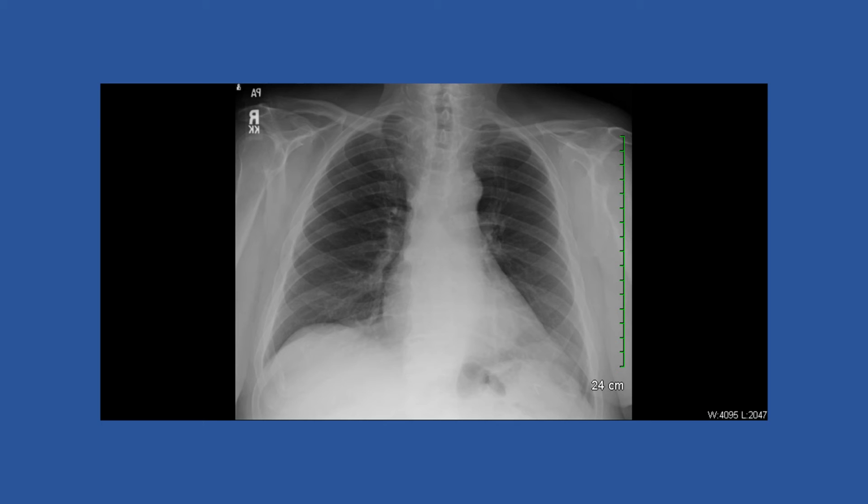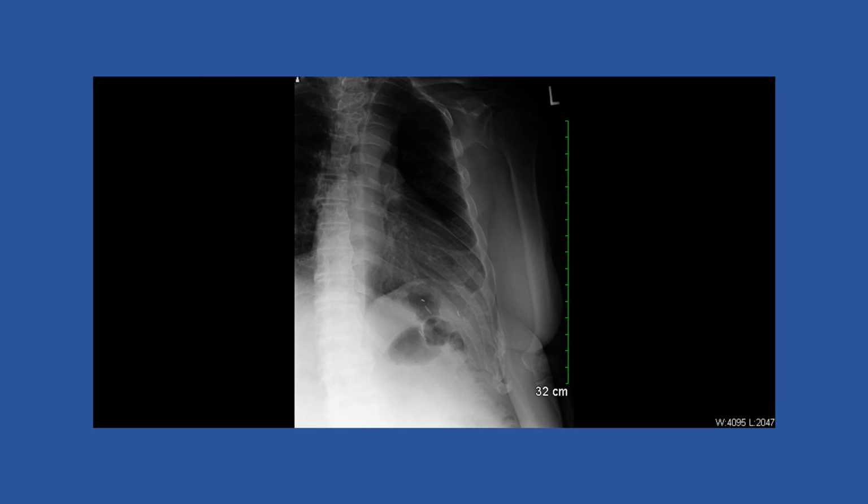I don't see any fractures there, but oftentimes fractures again are very difficult to see on a chest x-ray. On a rib series, however, you can actually run the ribs down. You may actually be able to pick up a fracture.